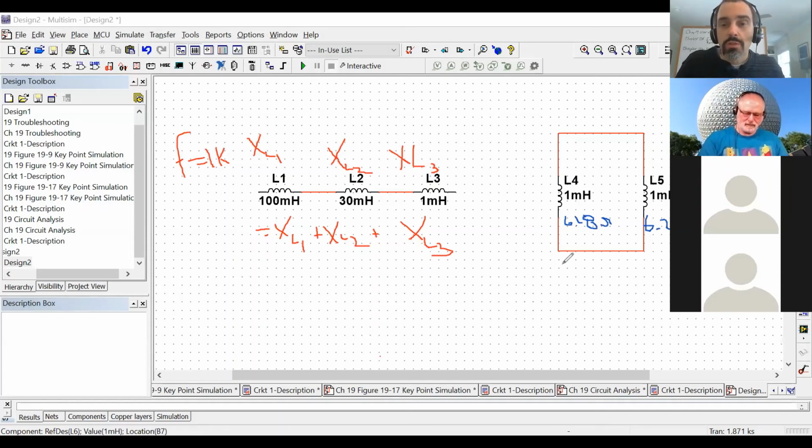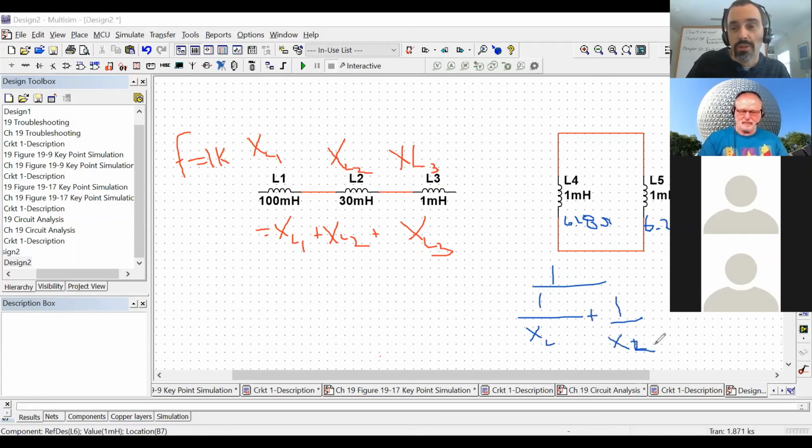So on this one, to find the XBL total for parallel is similar to this. You just do 1 over XBL 1 plus XBL 2.